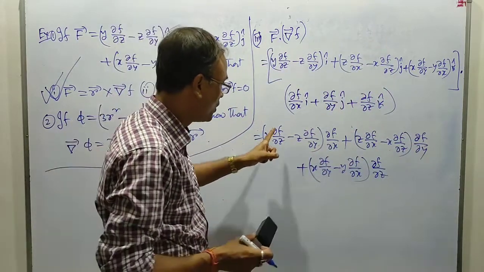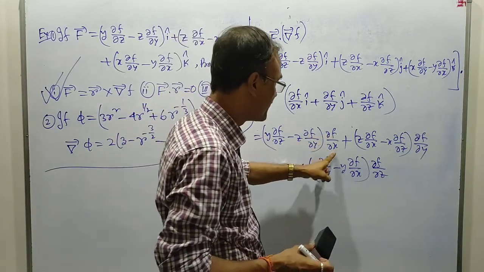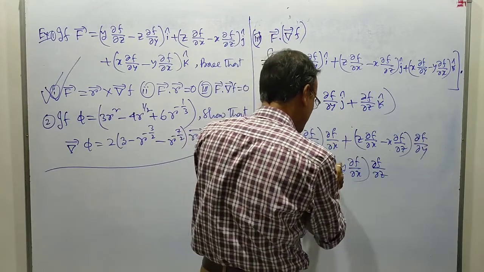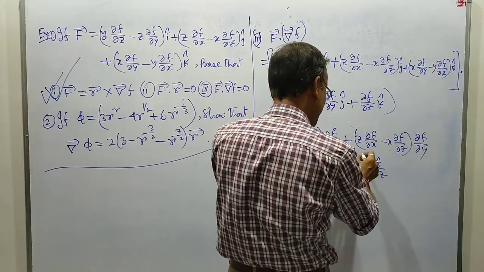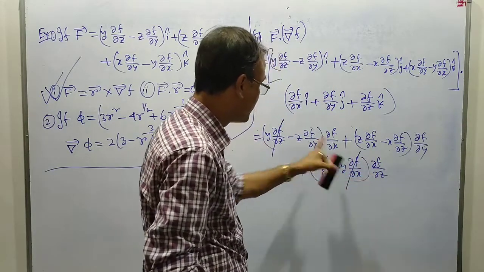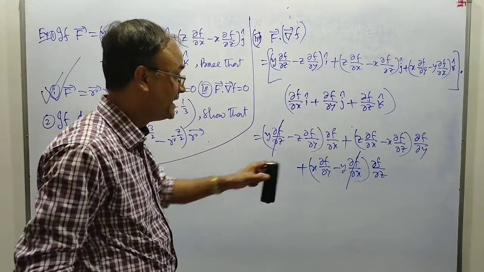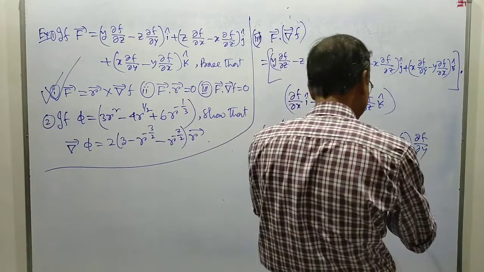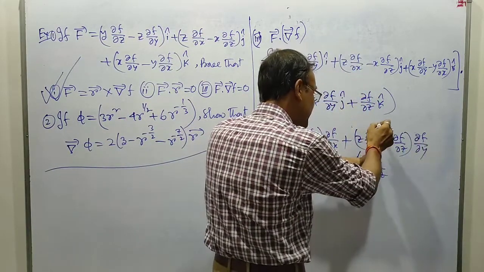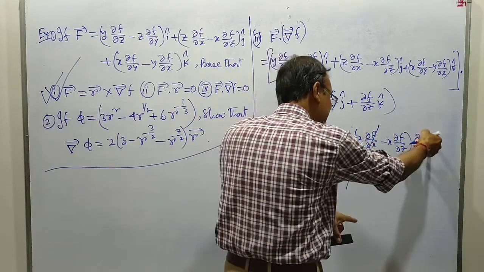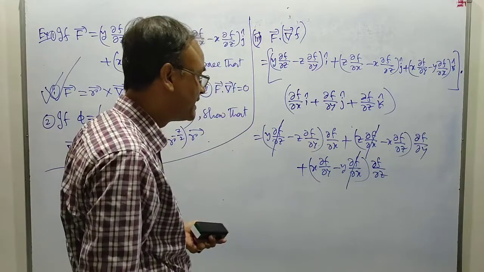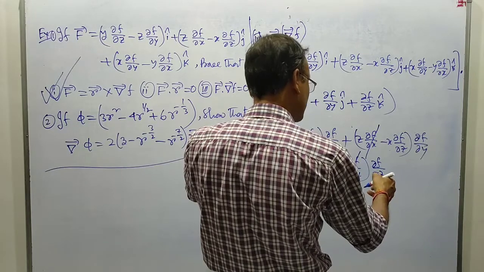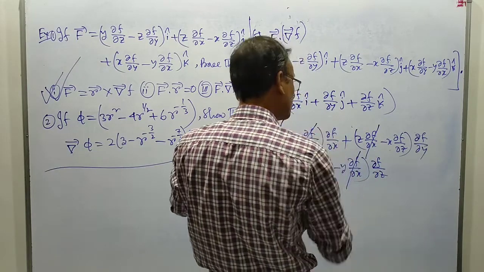You see, the y ∂f/∂z ∂f/∂x term and the minus y ∂f/∂x ∂f/∂z term will be cancelled. It is minus z ∂f/∂y ∂f/∂x, and here it is plus z ∂f/∂x ∂f/∂y, which will be cancelled. And the other terms, these two terms will be cancelled.